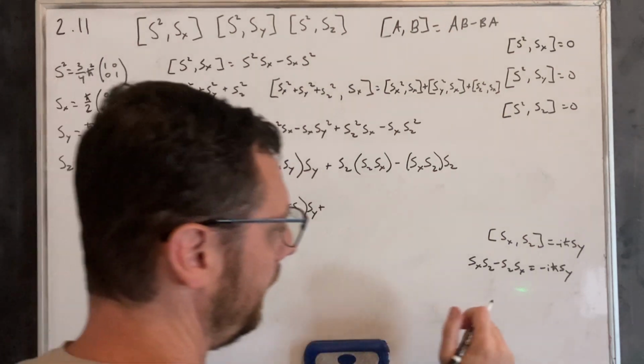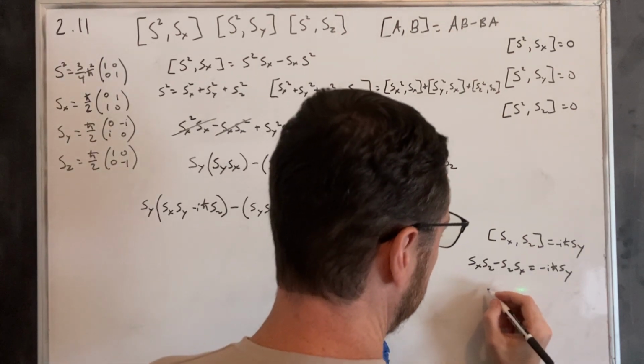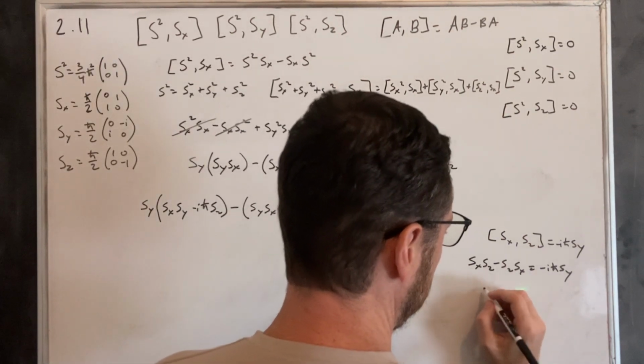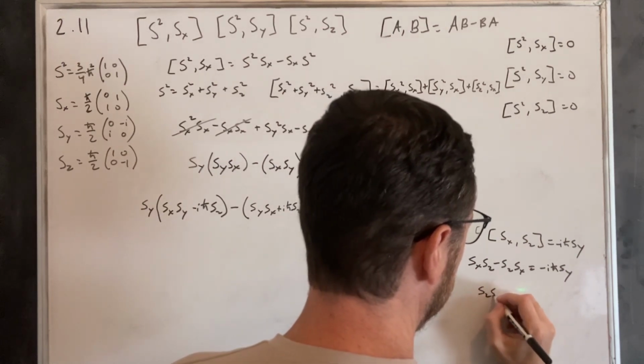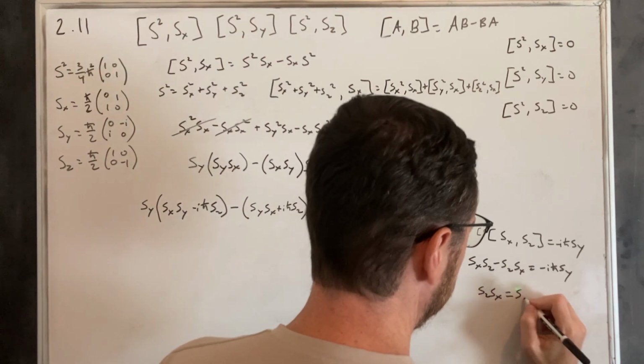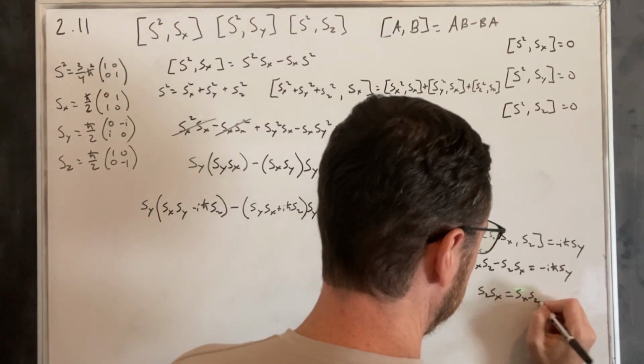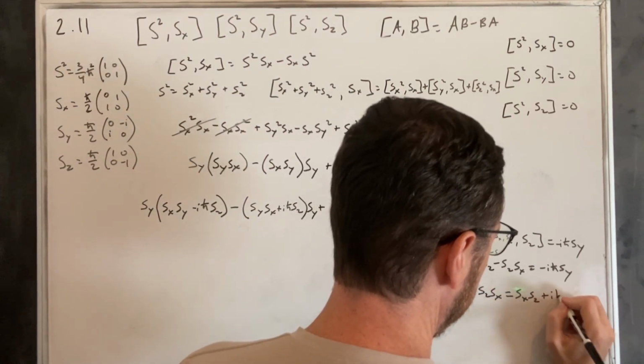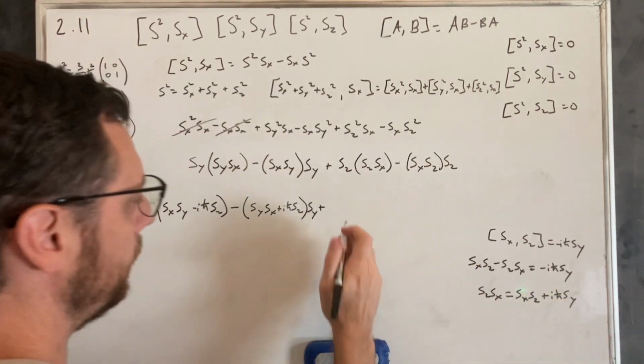Solve for Sz Sx, then we would get Sz Sx is equal to Sx Sz plus i h bar Sy. So we'll swap that in here.